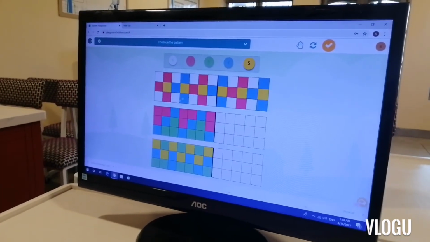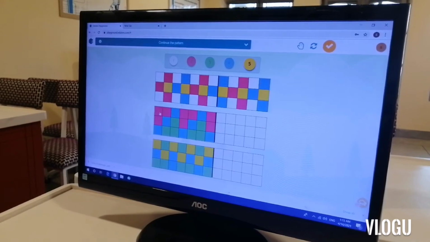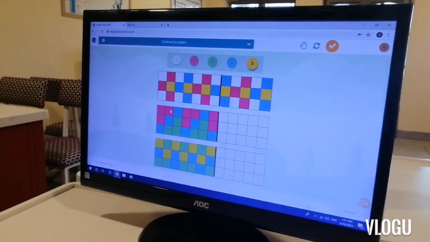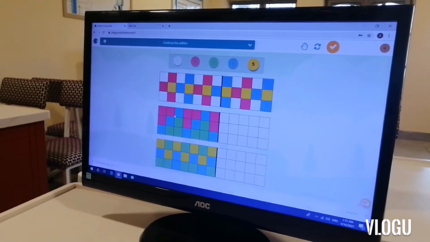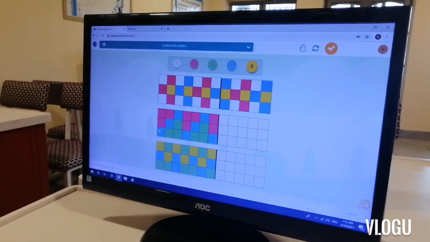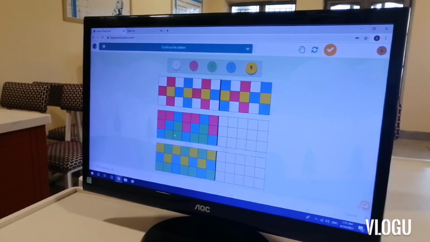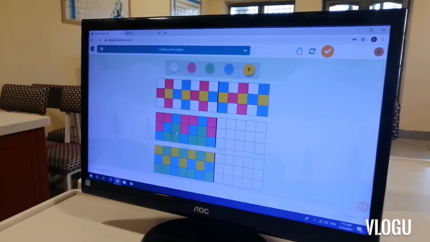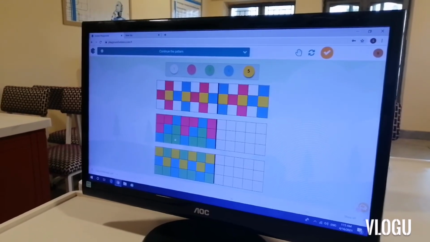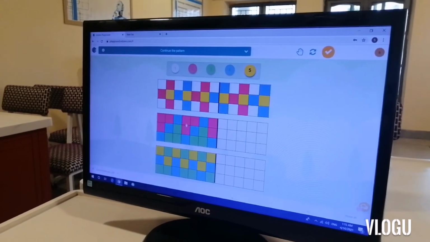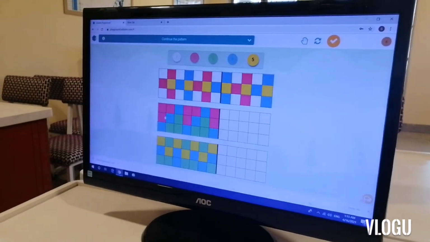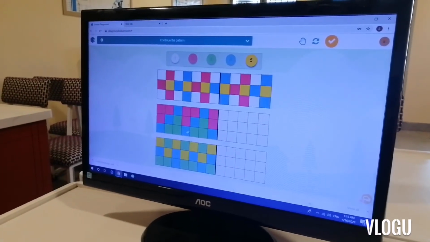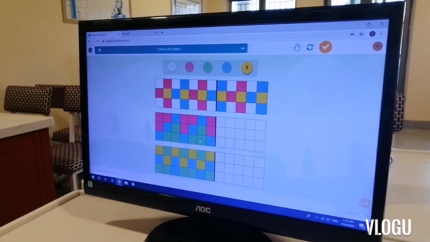This is how you all have to complete the pattern. The next pattern is 3 blocks in pink shade, across this is blue, and here are again 3 squares with green shade. The pattern is again the same: 3 pink, 3 blue, and 3 green.